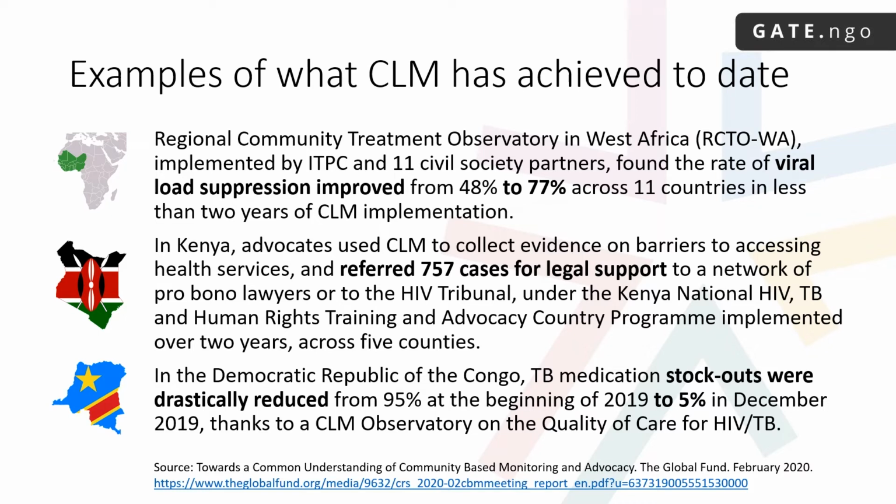In Kenya, the community-led monitoring focused on collecting evidence on barriers to accessing health services, and this resulted in over 700 cases being referred for legal support. And in the DRC, TB medication stockouts were drastically reduced from 95 to 5%. So you can see here the potential for community-led monitoring to have very positive and concrete impacts and affect change as a result of the evidence collected.